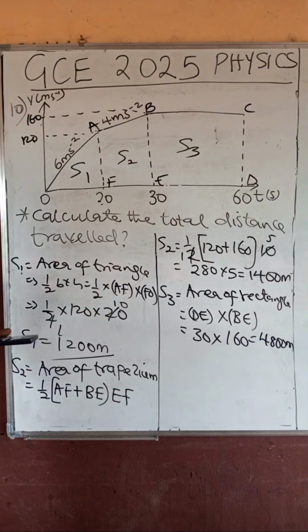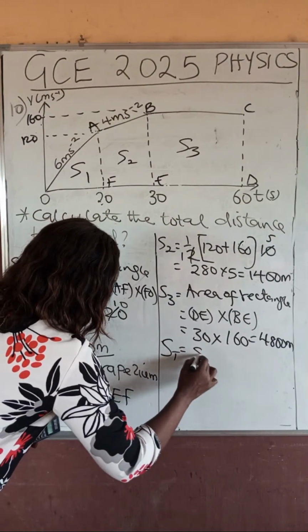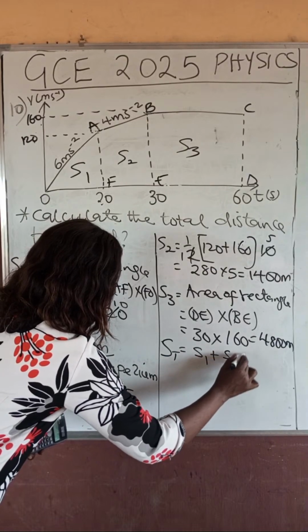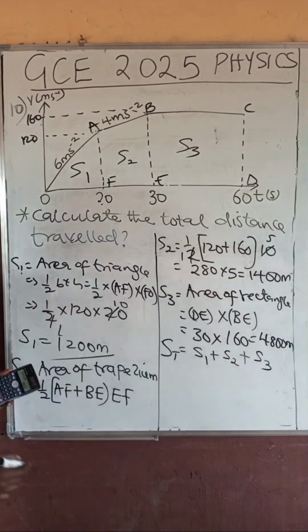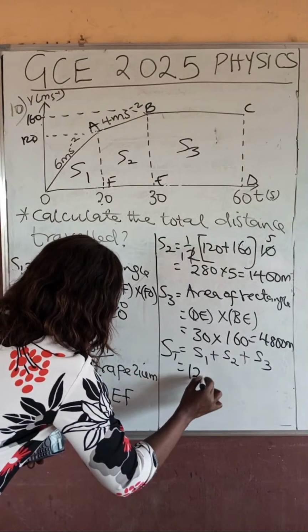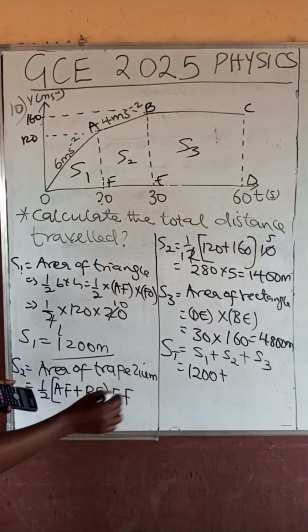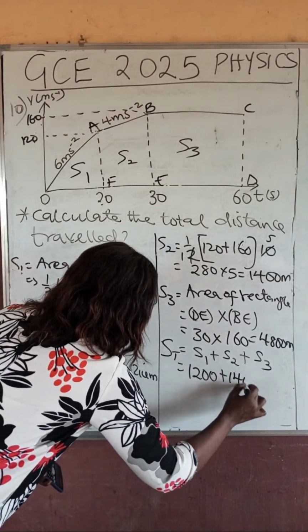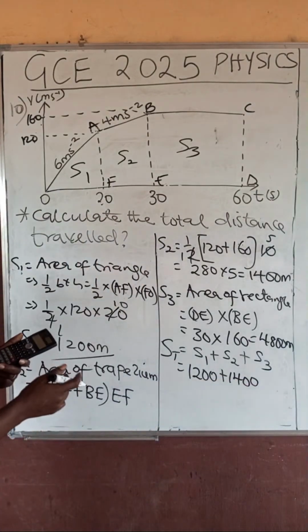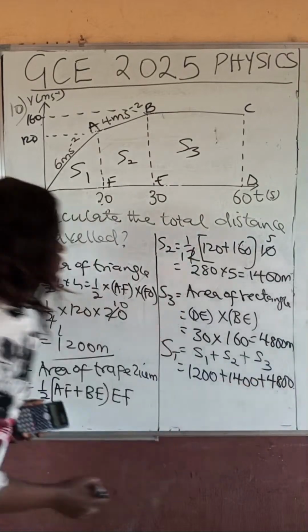Then to get the total distance traveled, I'm going to add them together. The total distance traveled is equal to X1 plus X2 plus S3. That is 1,200 plus 1,400 plus 4,800.